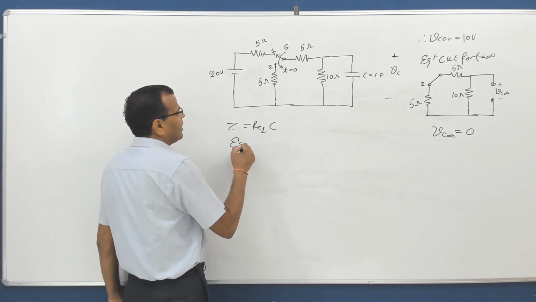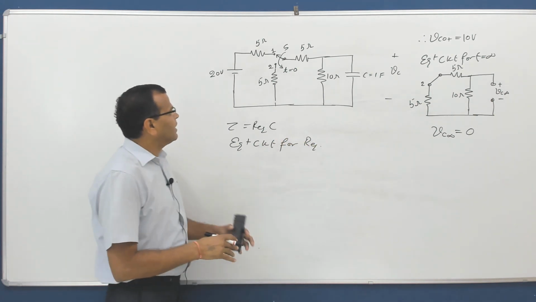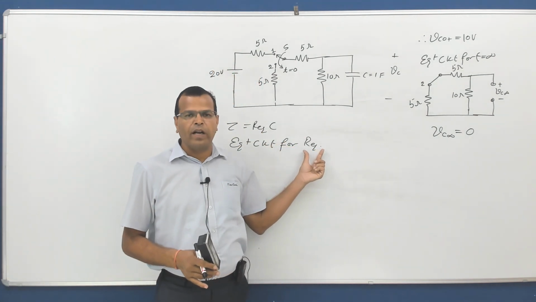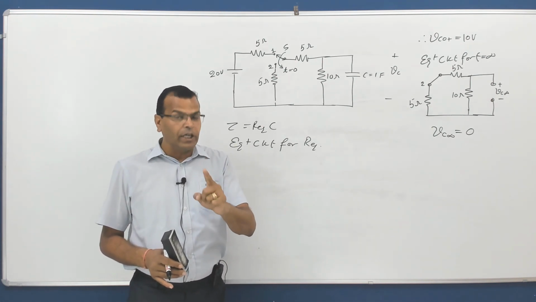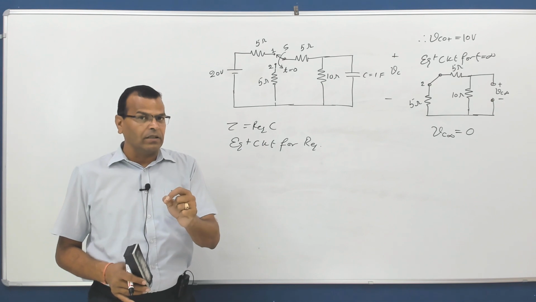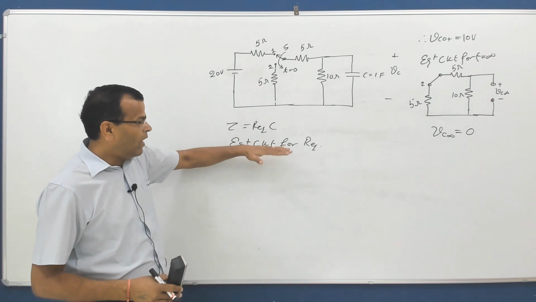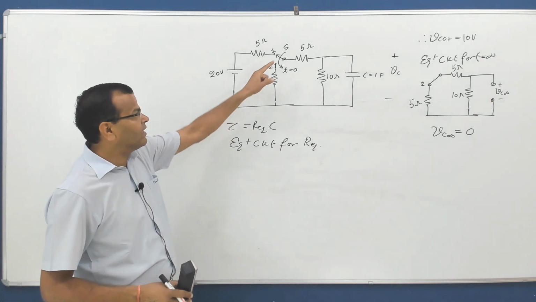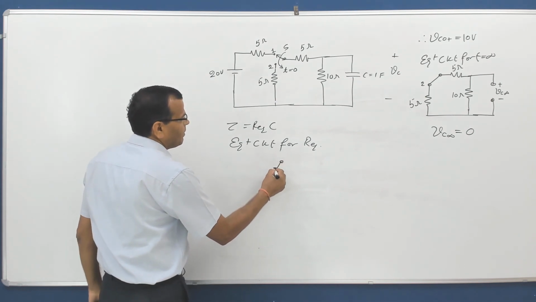So I'll draw the equivalent circuit for R equivalent, and remember, whenever the circuit has dependent and independent sources, for calculating R equivalent, open the terminals of the capacitor, short circuit the independent voltage sources of the circuit, and open circuit the independent current sources of the circuit. But remember, you have to calculate R equivalent for t greater than 0, and for t greater than 0 the switch is at position 2.